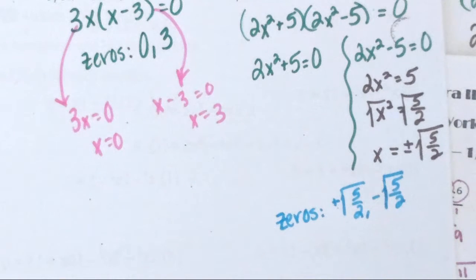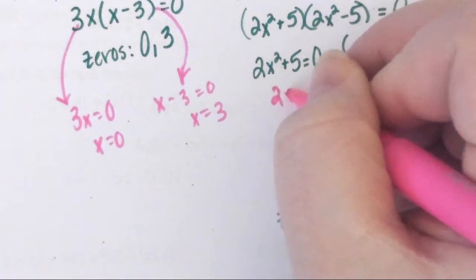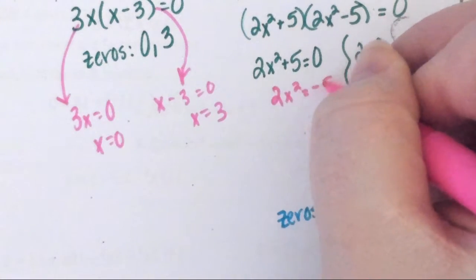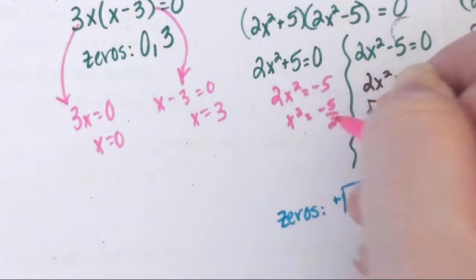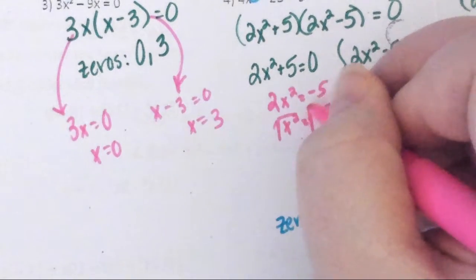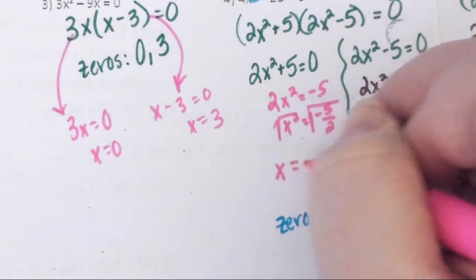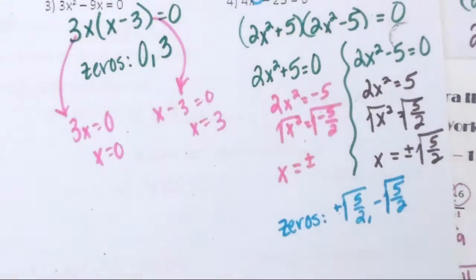Okay, so on the other one, I subtract 5, so I have 2x squared equals negative 5. X squared equals negative 5 over 2. I take the square root of both sides again. I get x equals plus or minus what?